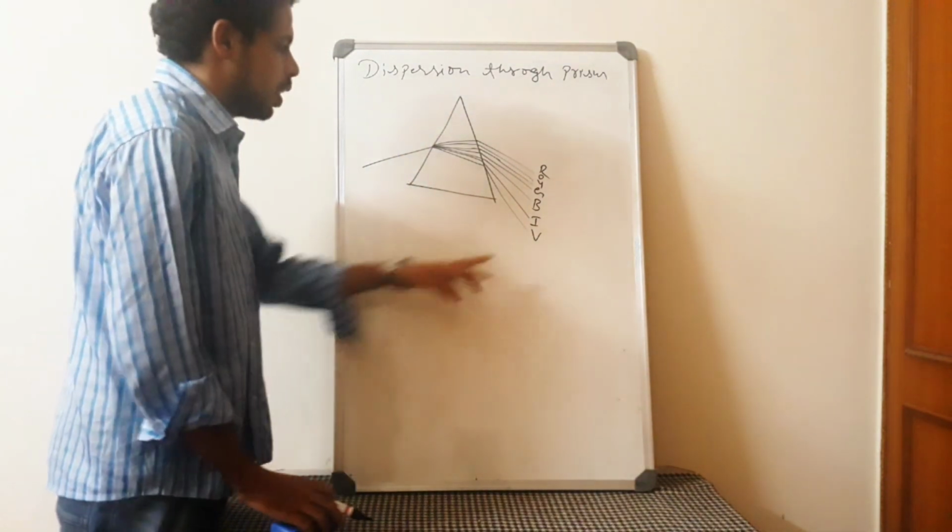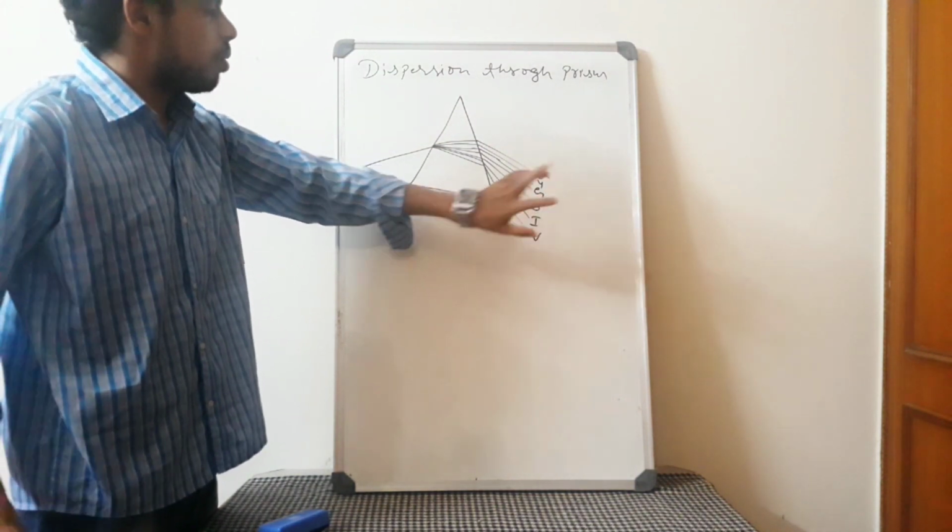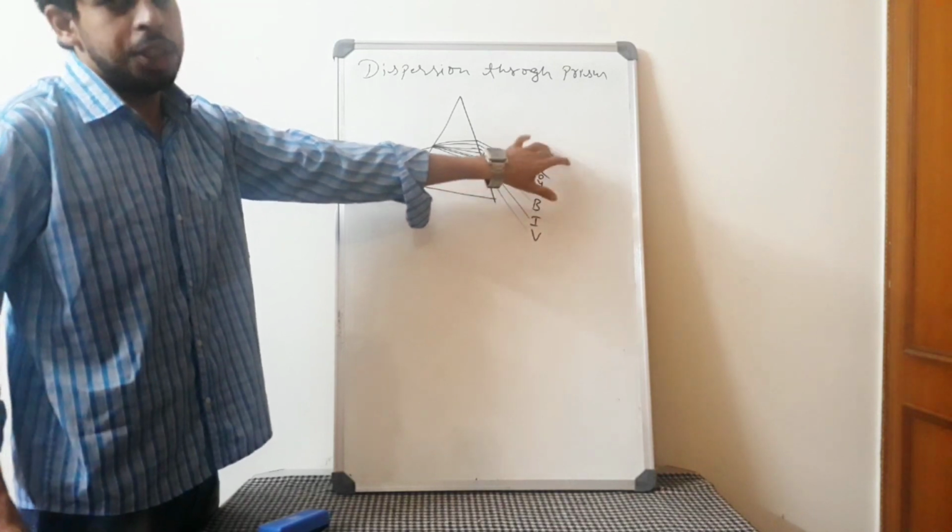So V is violet, indigo, blue, green, yellow, orange, red.